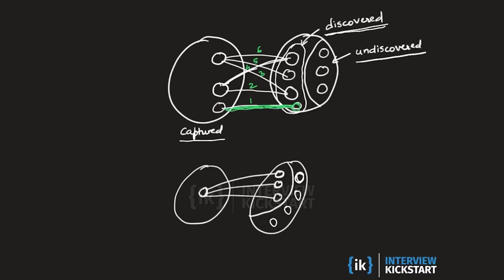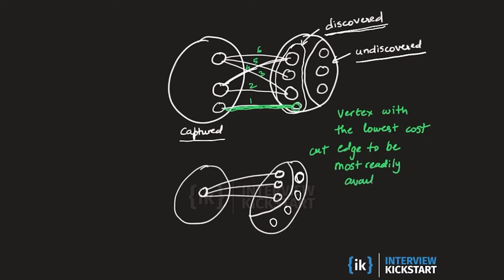So we want the vertex with the lowest cost cut edge to be most readily available, and that is the vertex that we will extract out from that data structure and drag it to the left.